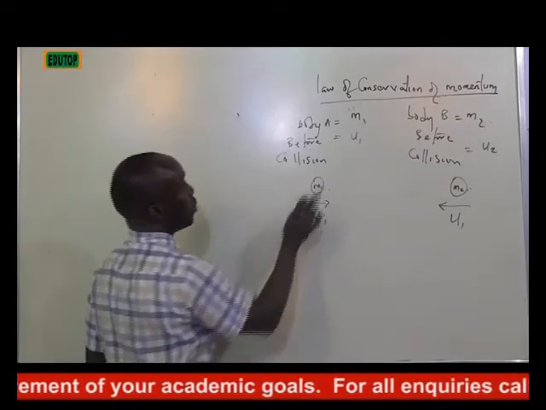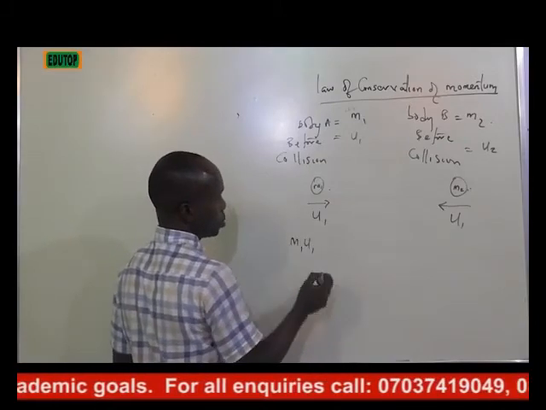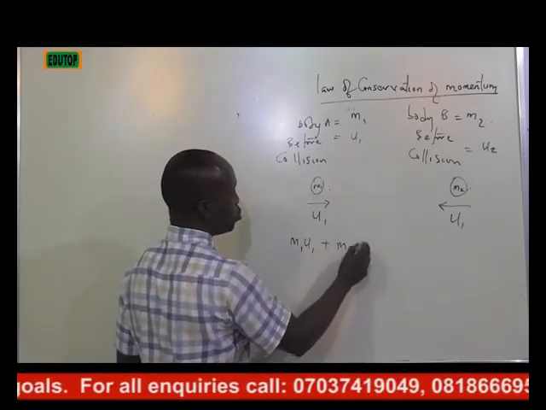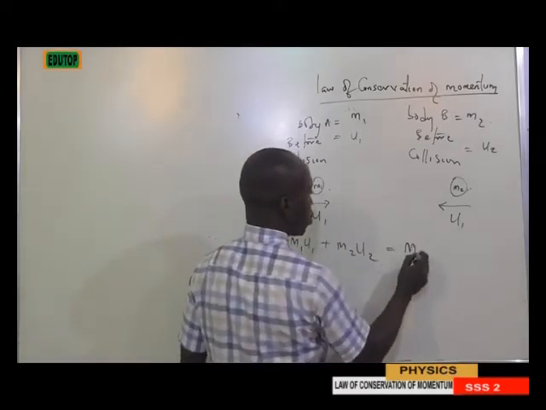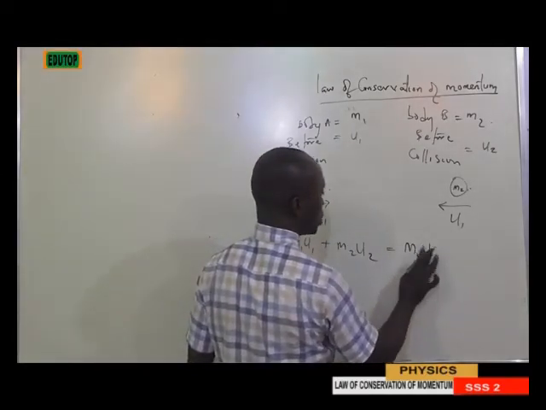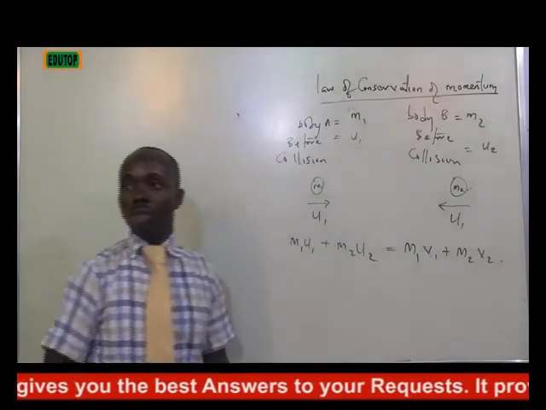So before collision, the momentum is going to be M1 u1 plus M2 u2. This particular equation will now equal the momentum after collision, M1 v1 plus M2 v2. How did we get this?